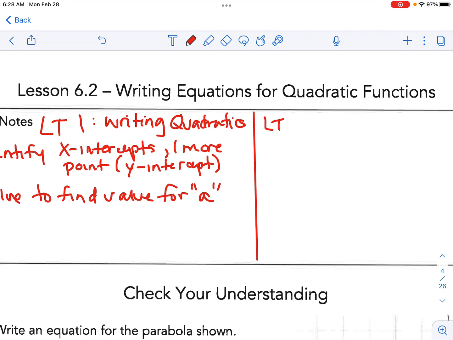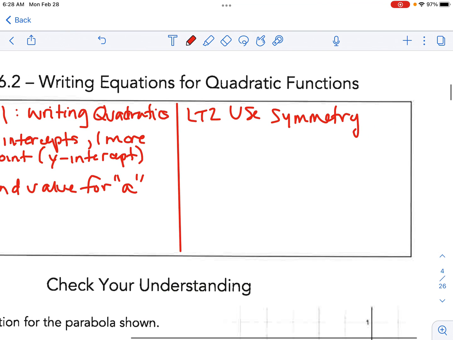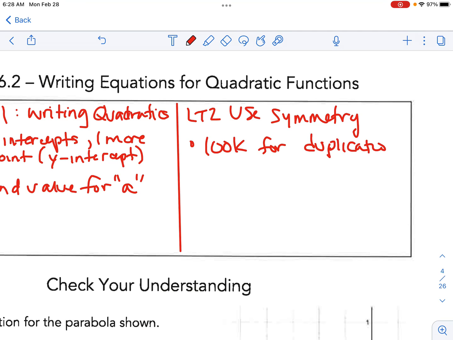Learning target 2 is to use symmetry. That really helps us a lot, especially in the table. So we're going to be looking for duplication in outputs. In other words, the y values.